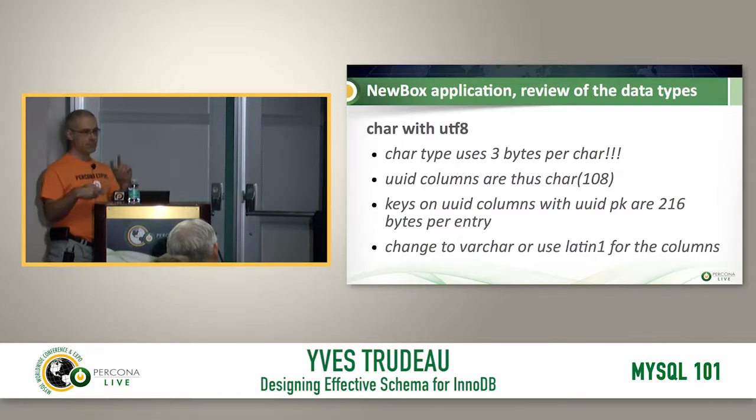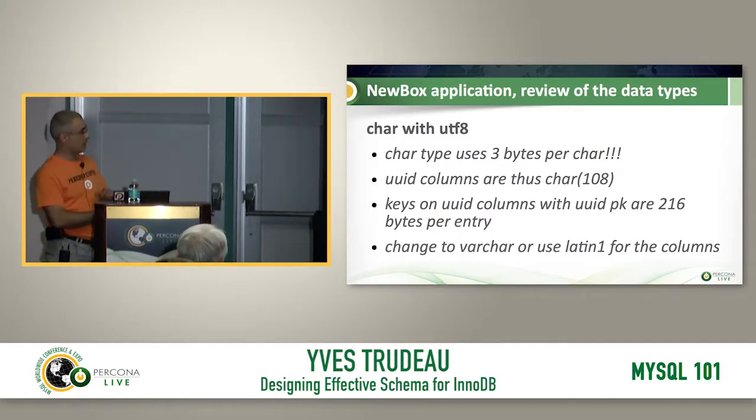And I had many keys on tables where the primary key is a UUID and the secondary key is on a UUID column. That means every entry is 216. That's huge for a secondary key. So right there's a problem. The solution at first, if we are to keep those, is to use varchar.